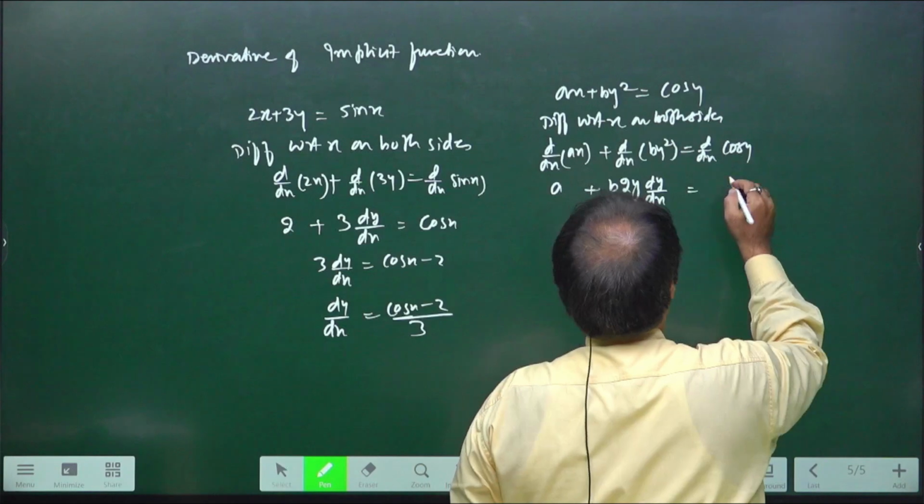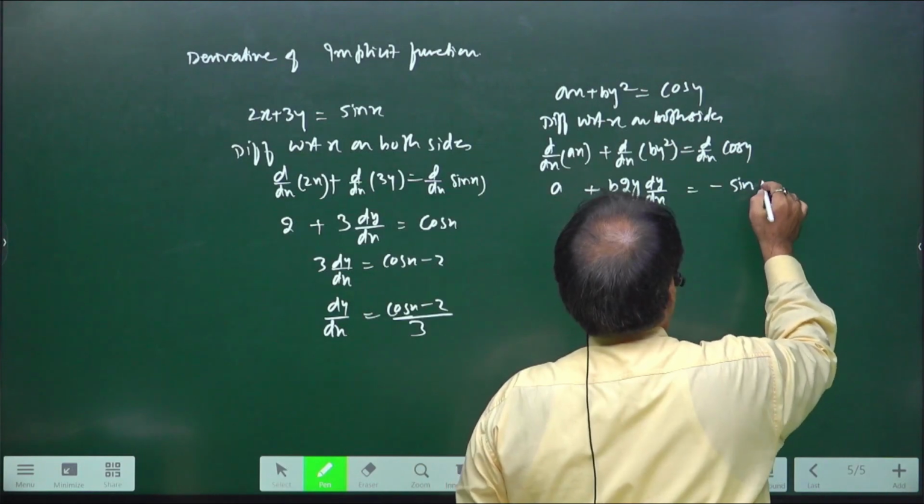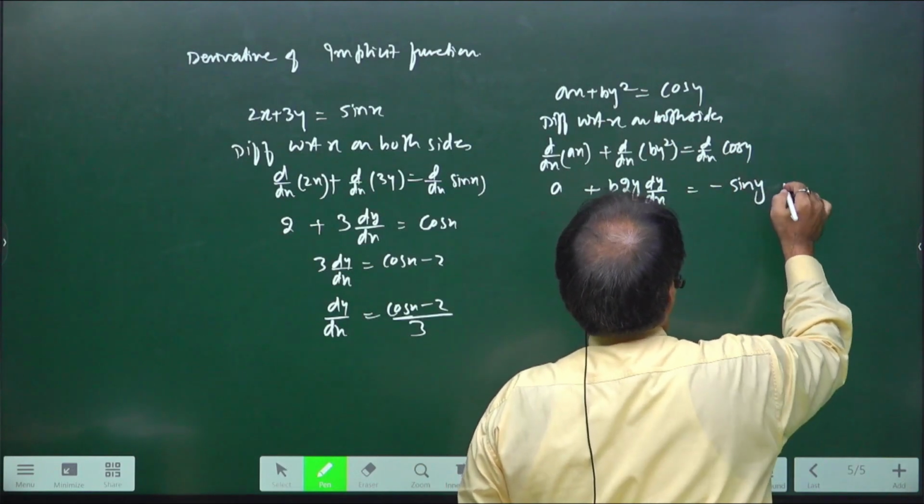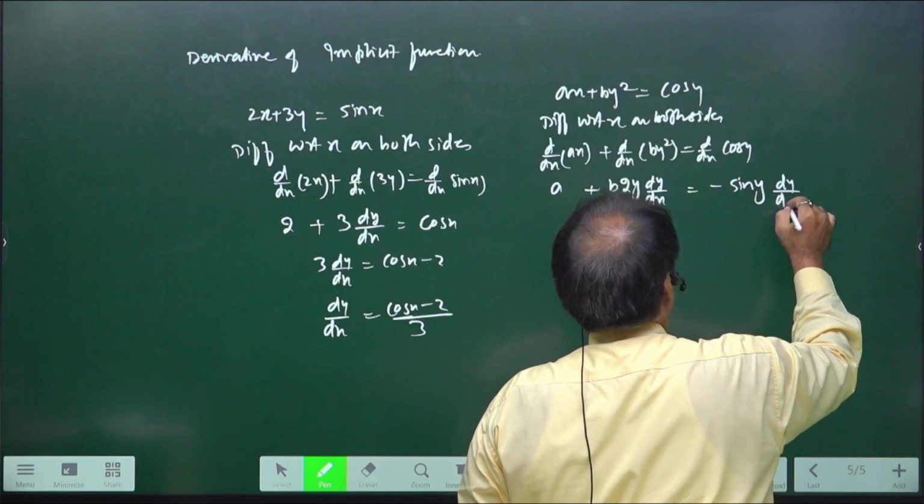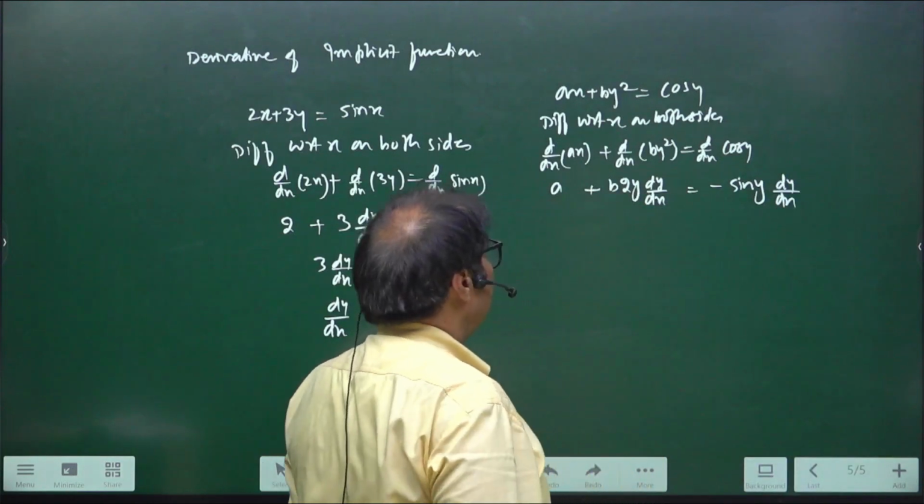And the derivative of cos y is minus sin y, and here y is left, so dy by dx. Okay, now do the like terms.